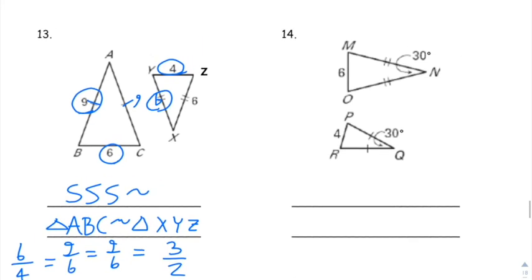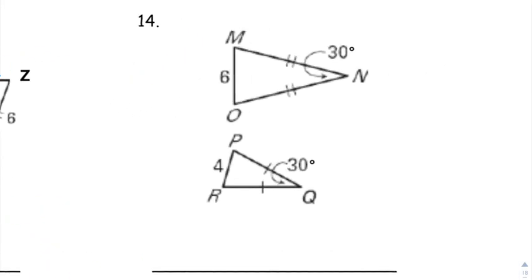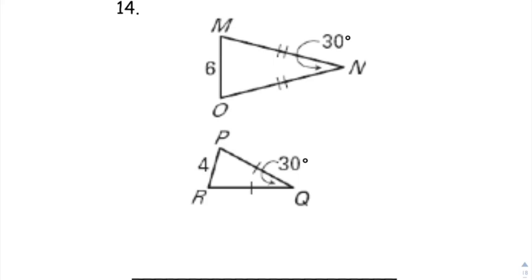Now 14, I was kind of getting ahead of myself here. Notice you do have isosceles triangles, but then they tell us that this angle over here is 30, so those obviously match up. That means the two base angles of your isosceles triangles, these two sets of angles, are all congruent to one another right there.